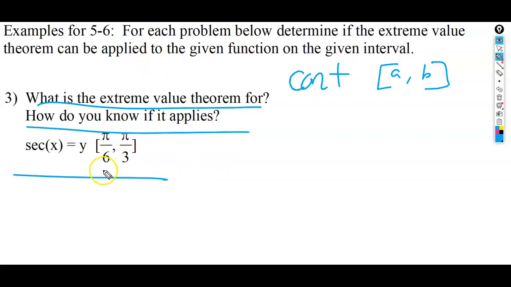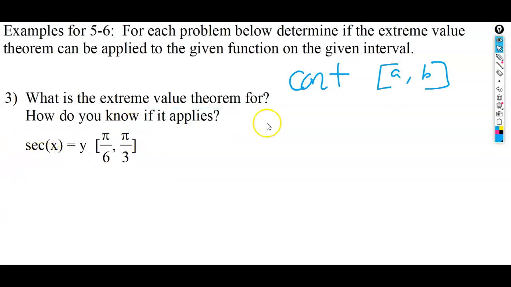Is it continuous on this interval? Now I know that you guys are probably a little out of practice with secant and what it is, so you may not know where secant is continuous or not. Now I'm going to show you guys two ways to do this.